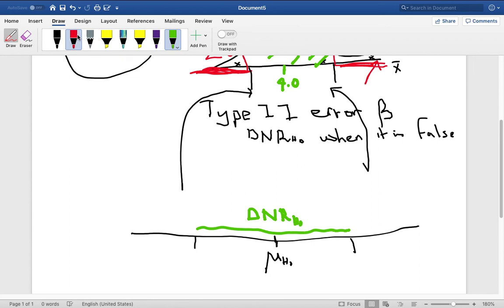And then we have the reject H0 zone down here, and the reject H0 zone over here.